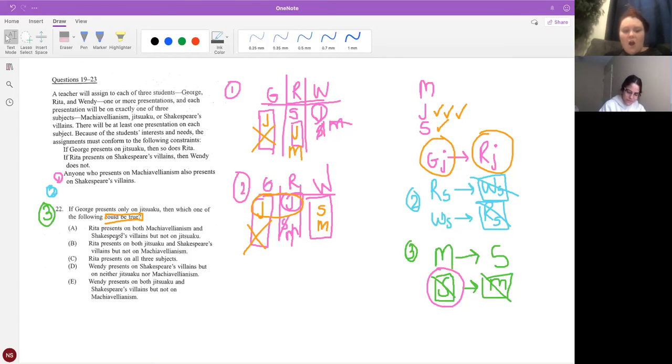Could it be true that R presents on both M and S, but not J? No, because as soon as it says not J, it's wrong, because we have J in both of these.